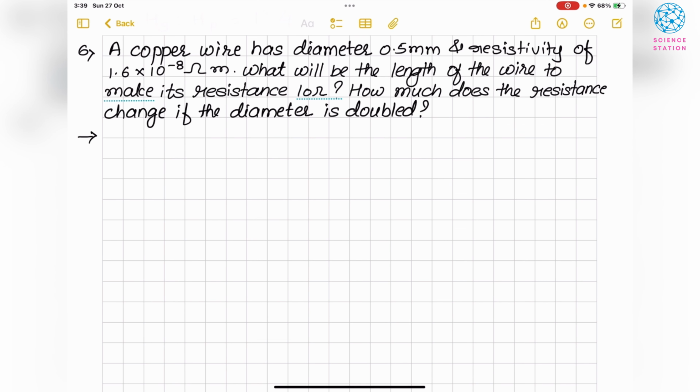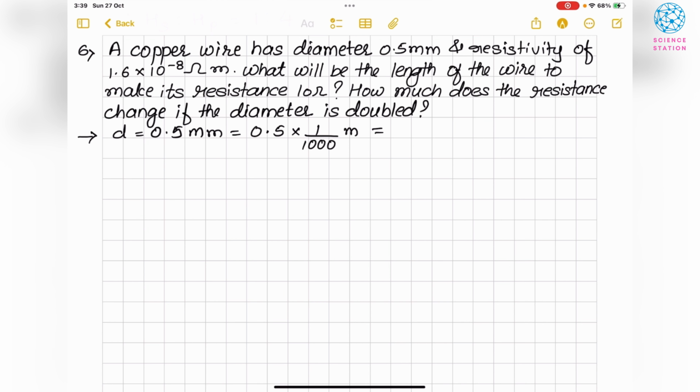Now the sixth numerical says a copper wire has diameter 0.5 mm and resistivity of 1.6 into 10 raised to minus 8 ohm meter. What will be the length of the wire to make its resistance 10 ohm? How much does the resistance change if the diameter is doubled? So here D is given as 0.5 mm. So if I convert it into meter, it will be 0.5 into 1 upon 1000 meter.